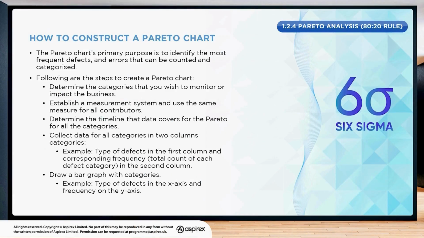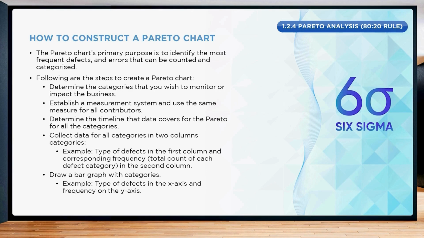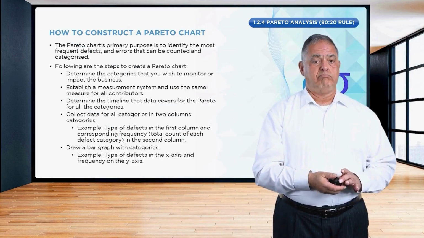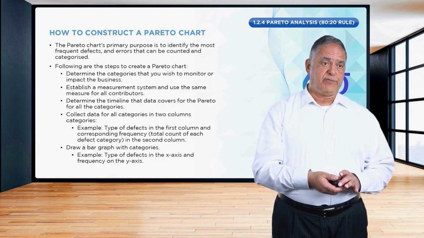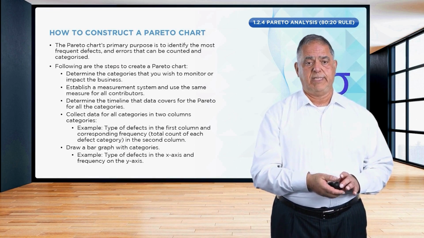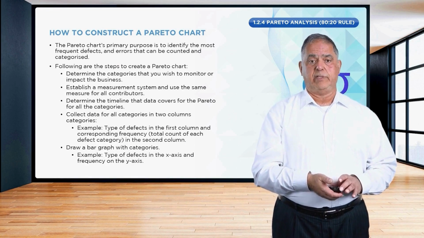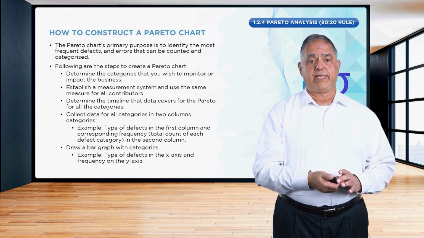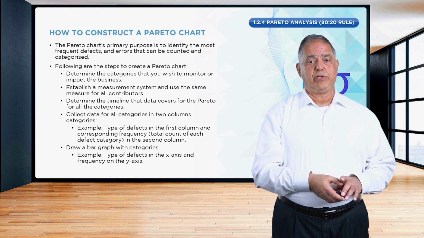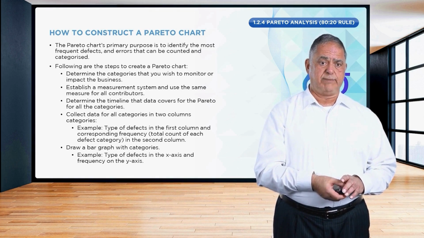Well, let's talk about how to construct a Pareto chart. The primary purpose of this tool is to identify the most frequent sources of defects or errors that can be counted and categorized. Regarding the sequence of steps to create a Pareto chart, these are as follows. First, we have to determine the categories that you wish to monitor or that impact the business.